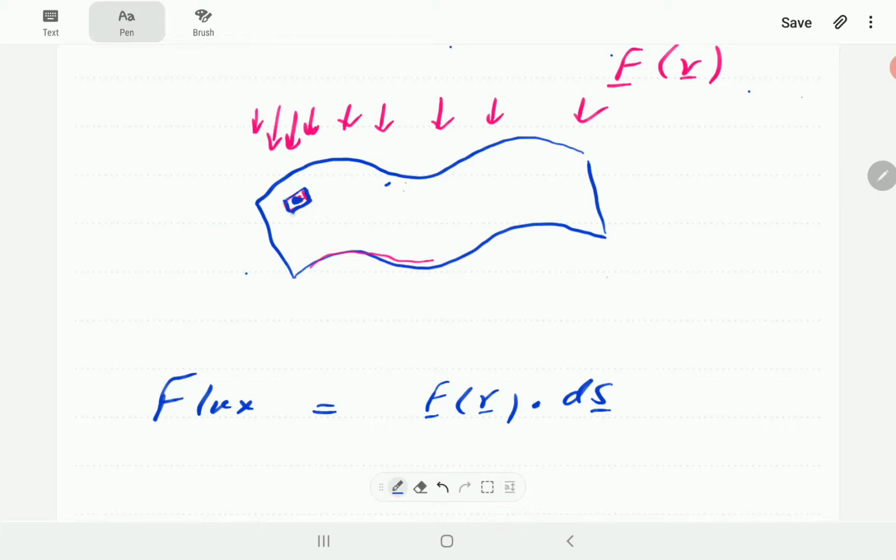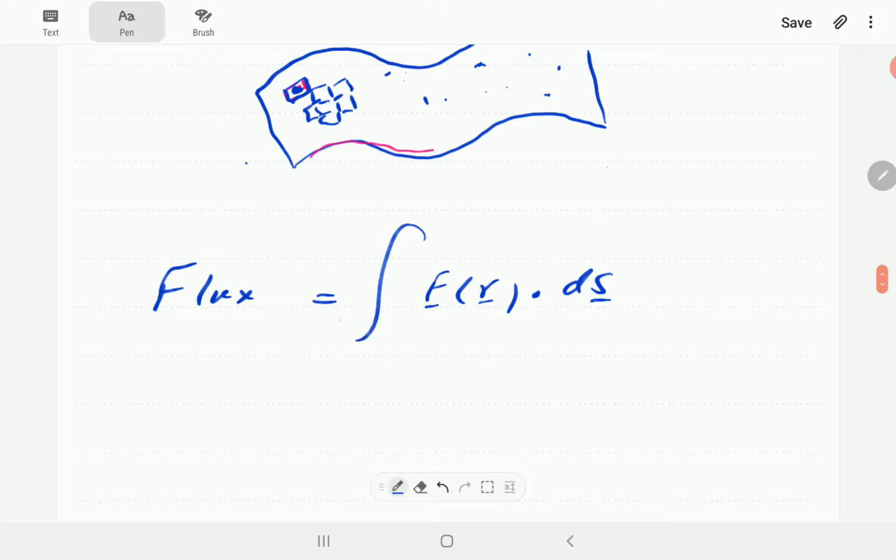This small surface element we call dS. Then we get such small differential surface elements all over the surface, and then we are going to integrate.